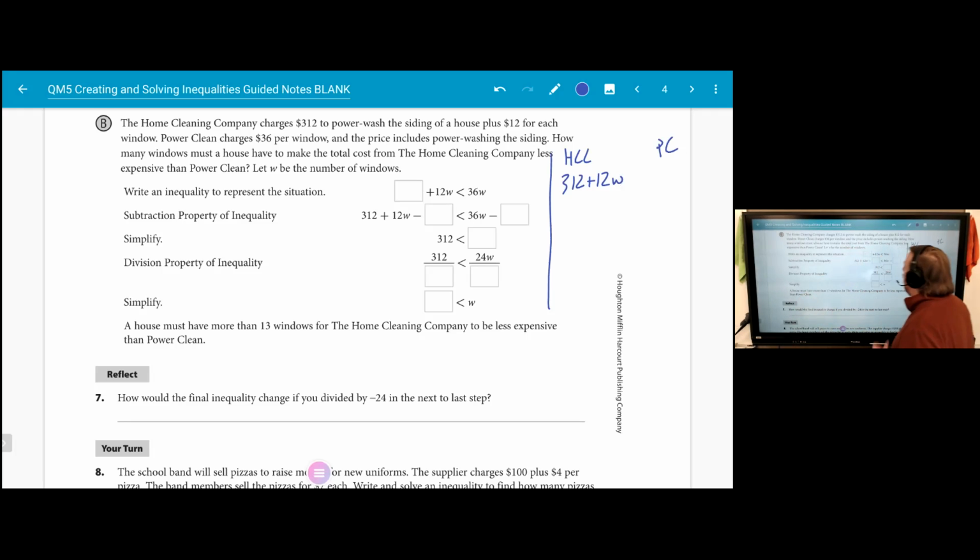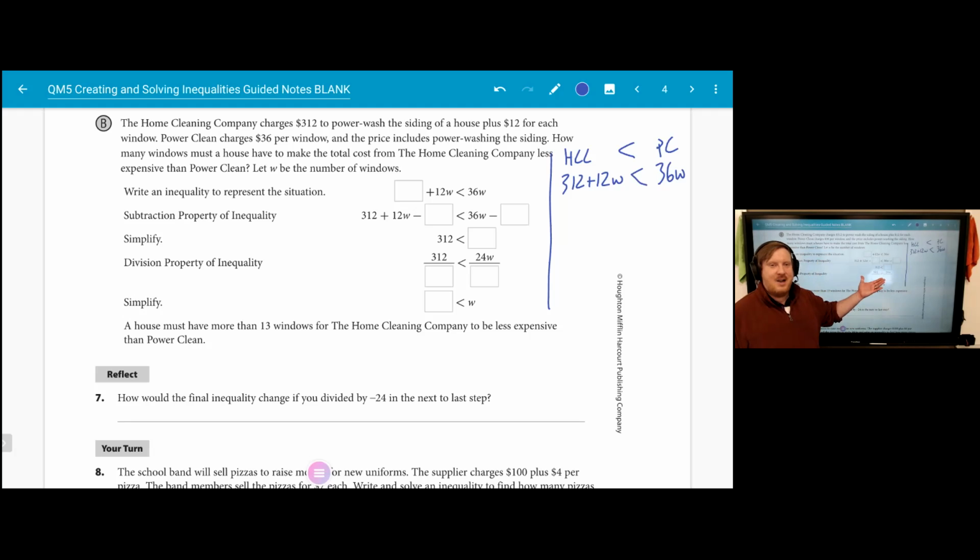Power Clean charges $36 per window, but they throw in the cost of the siding for free. Aren't they nice? So $36 per window. The question says, how many windows must a house have to make the total cost from the home cleaning company, HGC, less expensive than Power Clean? In other words, when is HGC less than Power Clean? When is 312 plus 12W less than 36W?